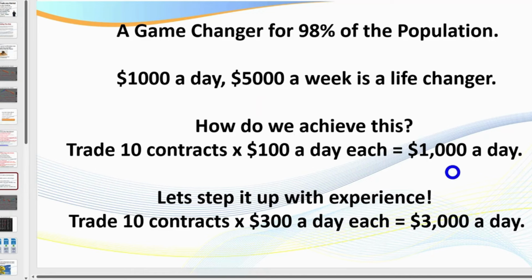Now you're going to see with the setups on the screen here how I do that and how you can do that. As you gain experience, you can target your $300 to $500 a day per contract. Now if you're a young gun, certainly you might want to be trading 20 or 30 contracts, but if you're an old dog like me, 5 to 10 contracts are mighty fine.